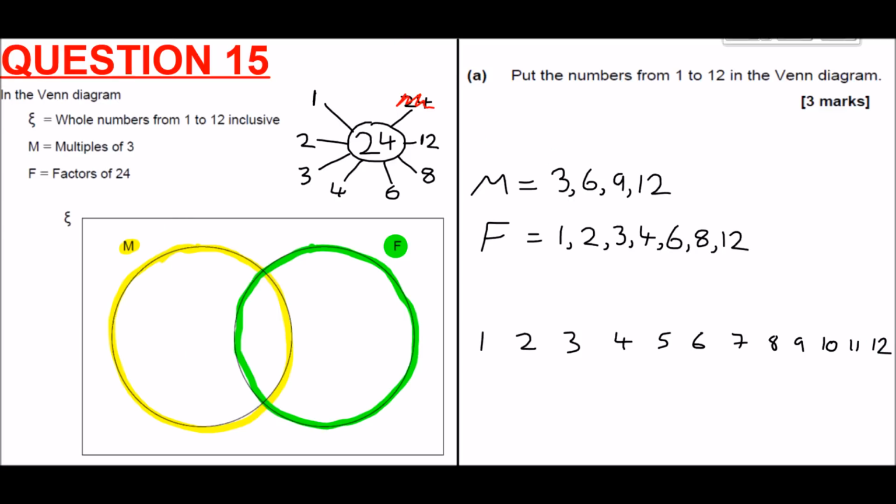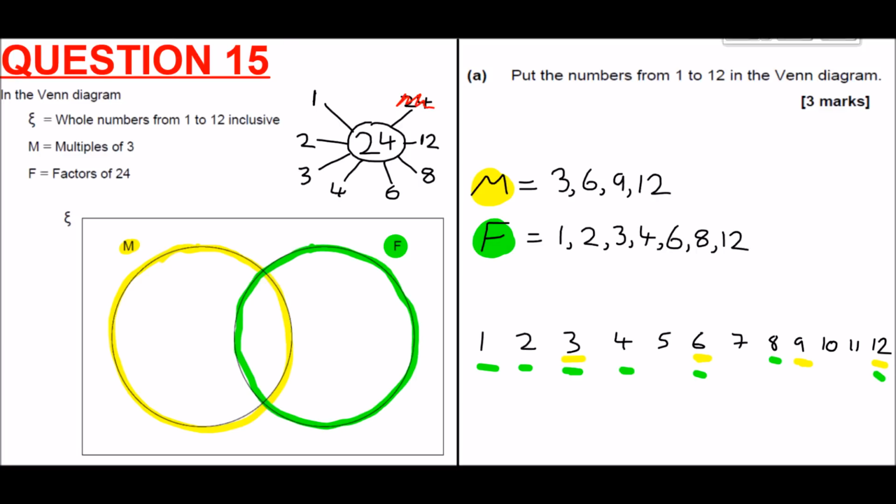So multiples of 3, we can use a yellow colour for. Factors of 24, we can use this green colour for that circle. And so if we just underline multiples of 3, 3, 6, 9, and 12, and then in green, the factors of 24, we have 1, 2, 3, 4, 6, 8, and 12.